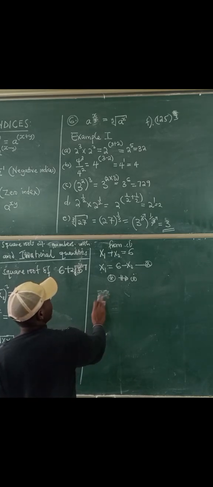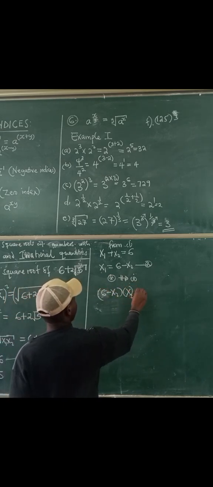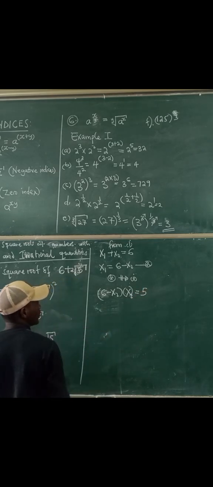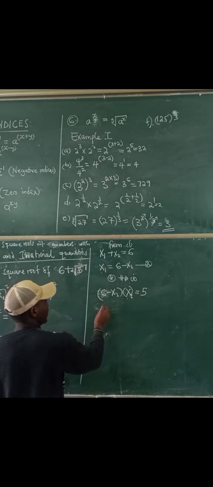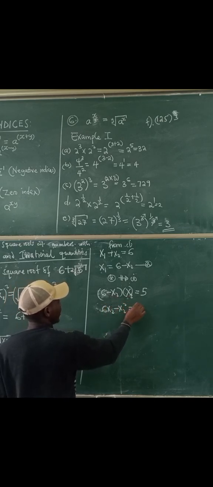x1 is 6 minus x2, then x1 x2 is equal to 5. This is 6x2 minus x2 squared is equal to 5.